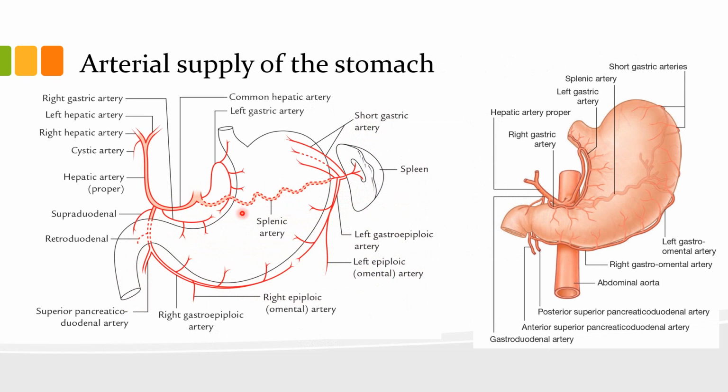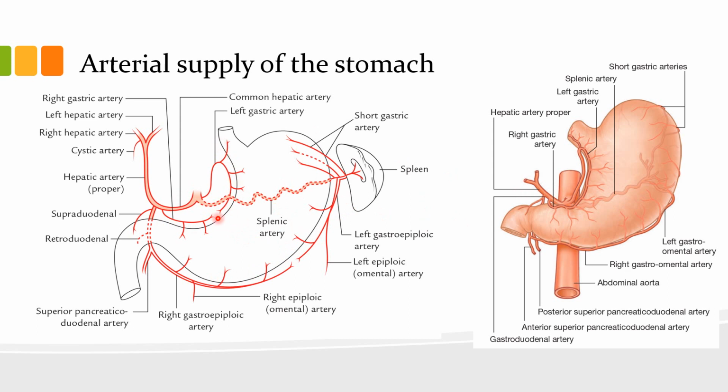The blood supply of the stomach depends on two sets of arteries. Remember that the stomach is part of the foregut, and the foregut depends in its blood supply on this artery, which is called the celiac artery or the celiac trunk. The arteries of the stomach run on the lesser and greater curvatures and supply both surfaces of the stomach, the anterior and posterior surface.